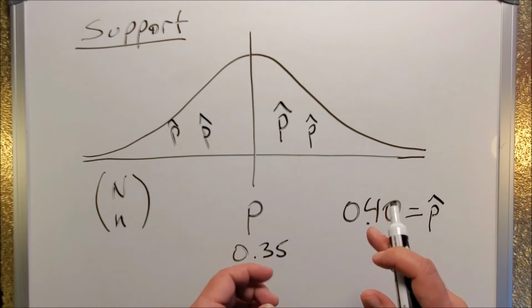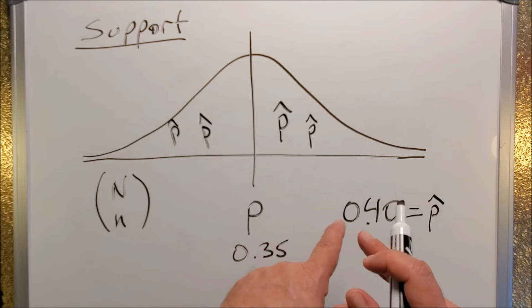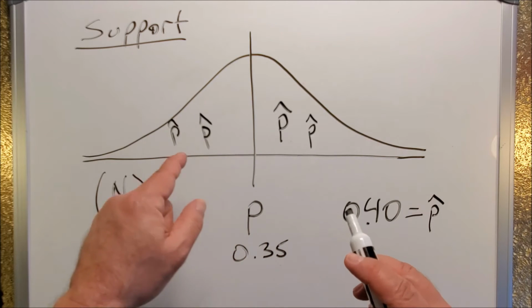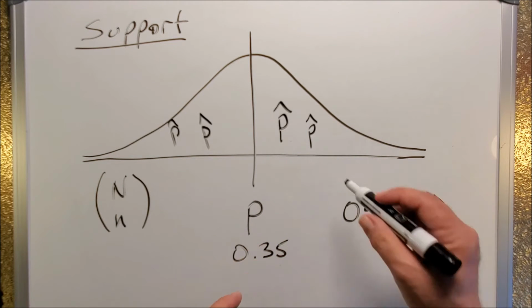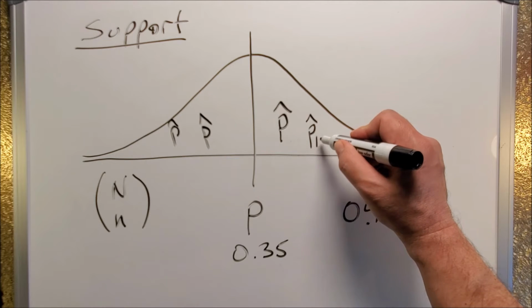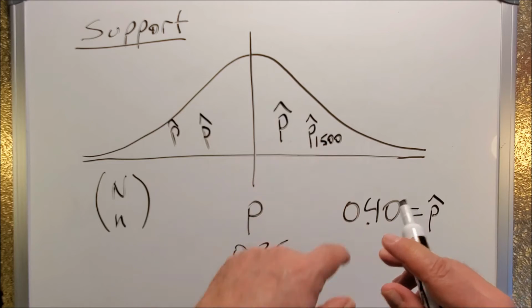Just like a normal distribution is made up of scores, I showed you that at the beginning of part 1, and the distribution of sample means is made up of all the many means of all the many possible samples. I showed you that in the middle of part 1. Here we're talking about a distribution that's made up of all the many possible samples, their proportions.